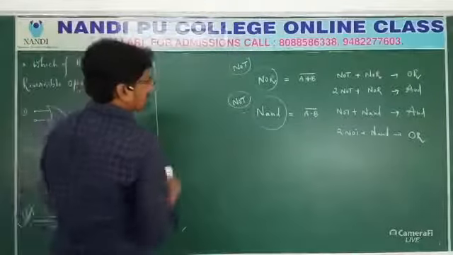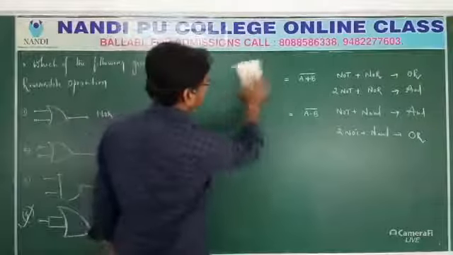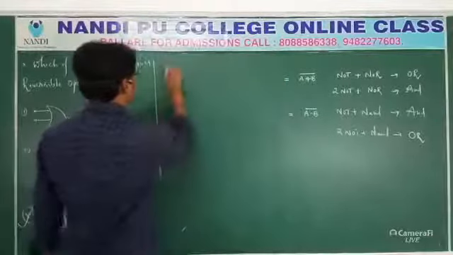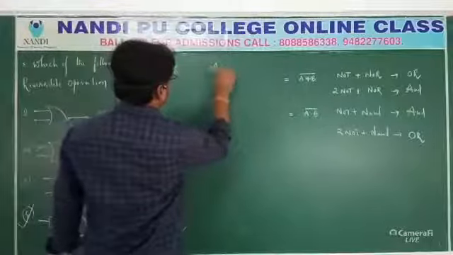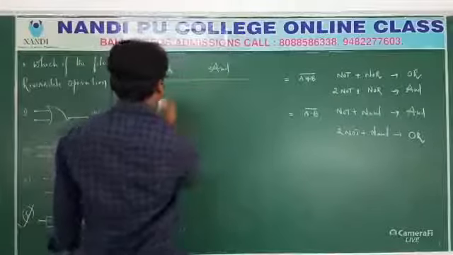For OR gate and AND gate, what are the general operations?